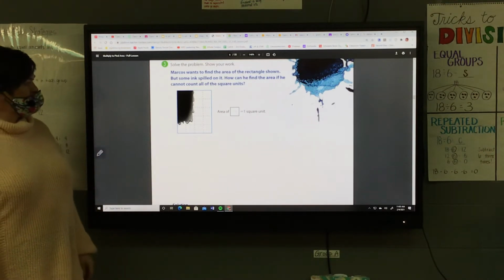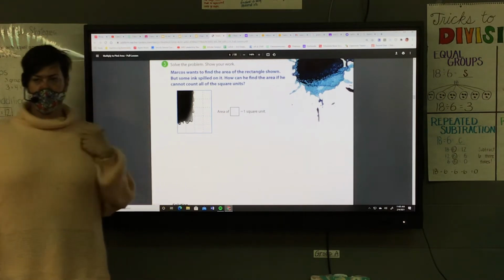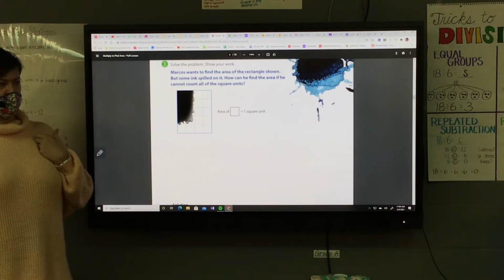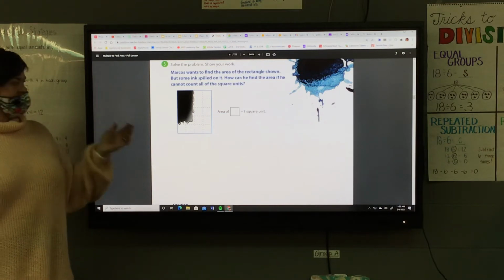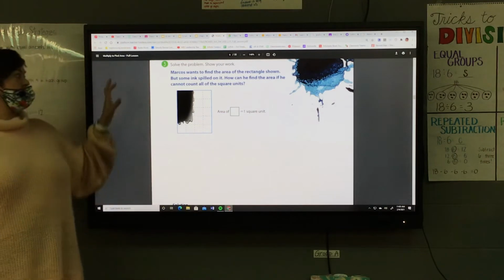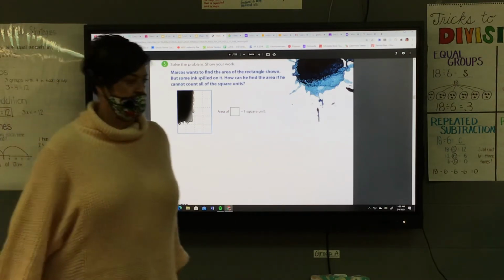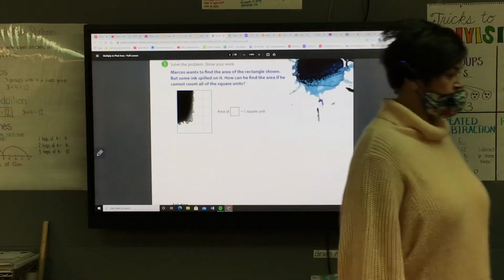Okay. So could we create a multiplication equation to go with this? Write down how you would solve this. Even though we can't see everything, show me how you would solve it. What would be the easiest way for you?